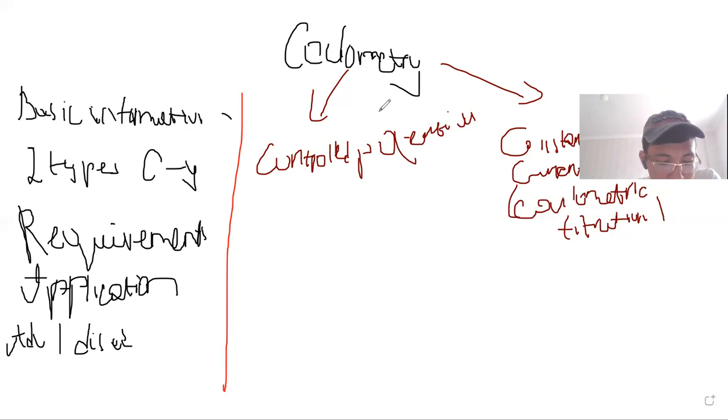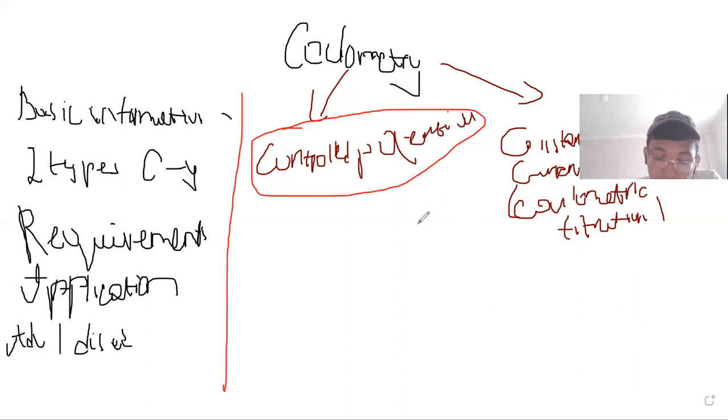The controlled potential technique is one in which we apply a constant potential to the electrochemical cell. The potential of the working electrode is maintained at a constant value relative to the reference electrode during electrolysis. The current Q is recorded as a function of time.